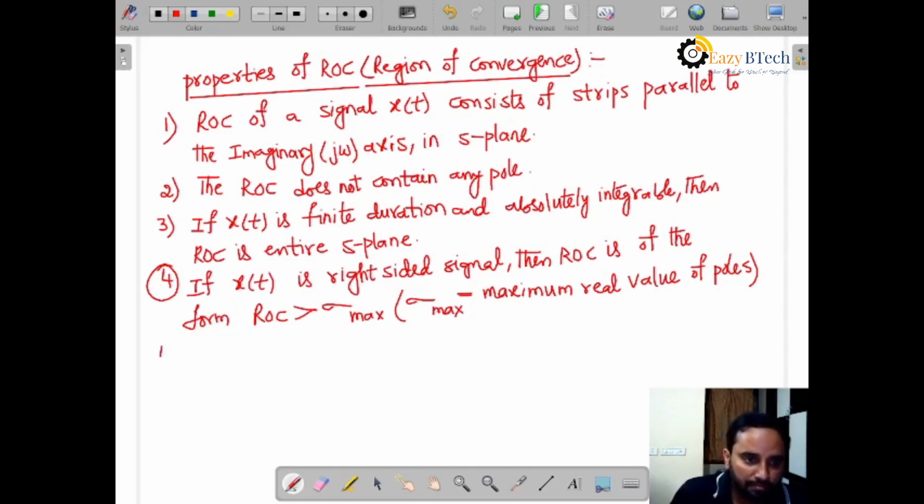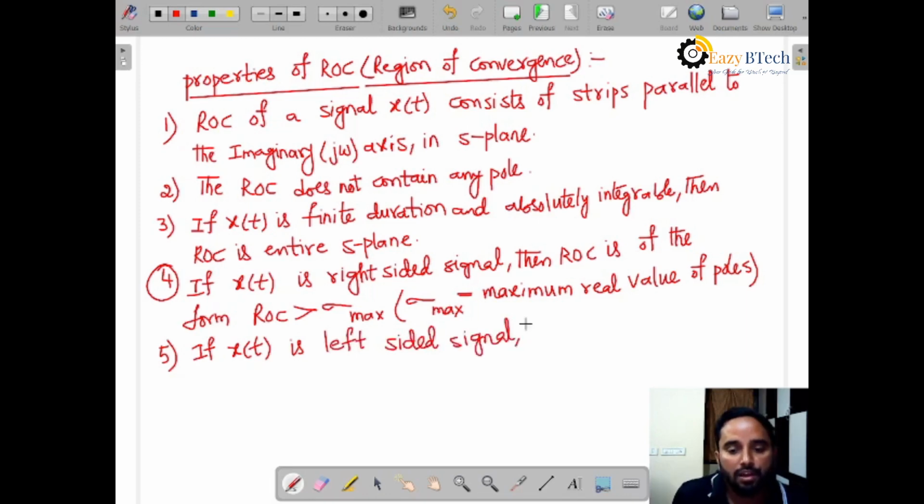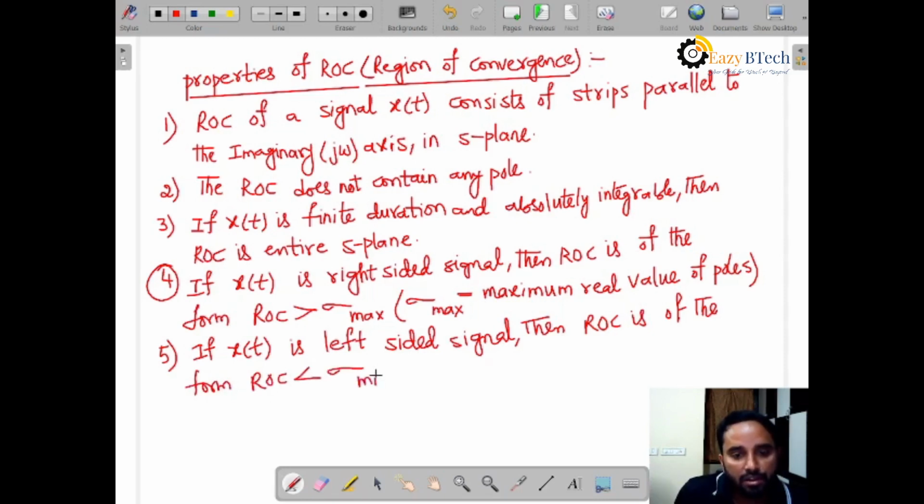Next, fifth one, left sided signal. If x of t is a left sided signal, then ROC is of the form: real part of s less than sigma minimum.